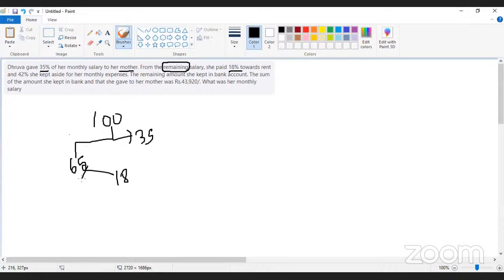So 65/100 times 18. So 11.7. Okay. So 18% is 11.7. Then what is the rest?